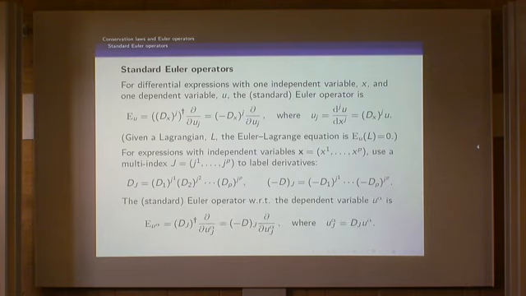So the standard Euler operator with respect to a dependent variable u^alpha is E_u^alpha, and it's the derivative with respect to u^alpha_J, done by the adjoint of D_J, u^alpha_J here being the Jth derivative of u^alpha. Okay. And that gives you that expression. So your Euler-Lagrange equations would be E_u^alpha of L, if L was a Lagrangian, for each alpha, each dependent variable u^alpha. Okay.